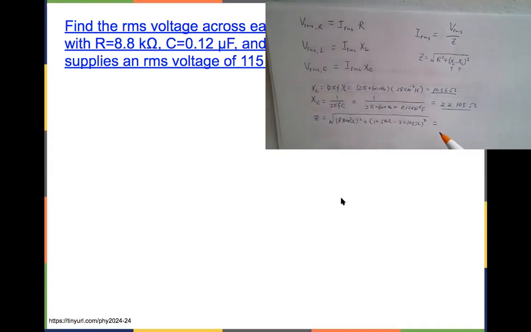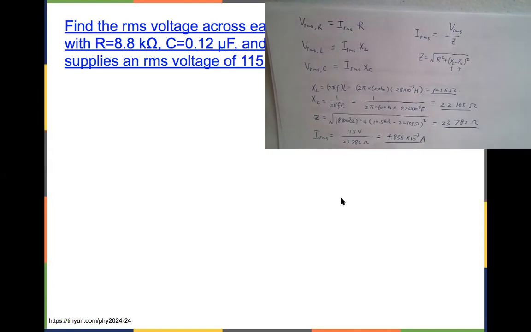So this would be 23,782 ohms. Now we have Z, so we can calculate I_RMS, which is equal to 115 volts divided by 23,782 ohms. That will give you a small number, 4.836 times 10 to the minus 3 amps.